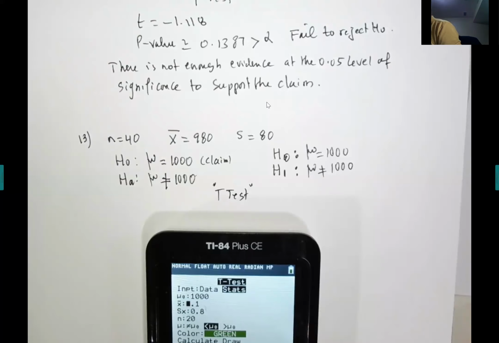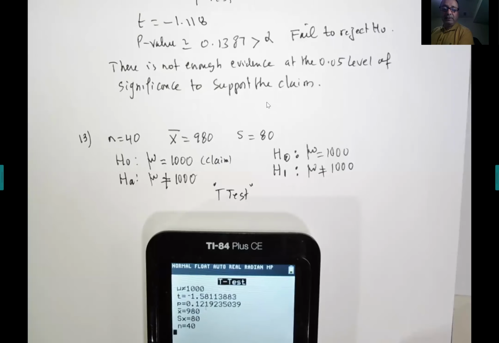X bar is 980, S is 80, N is 40, and here, guys, you must select not equal to because that's the alternative sign. And then I can do calculate for you, and here you go. So T is -1.581. I'll write it down.